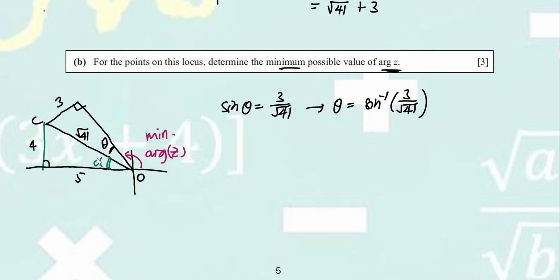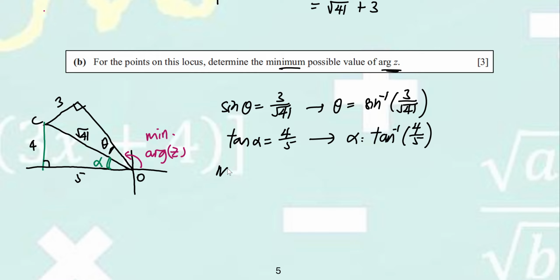And the same goes for alpha. The opposite side is 4. The adjacent side is 5. So I can use tangent alpha, that is 4 over 5. Or probably you can use the square root 41, which is the hypotenuse. So from here, my alpha will be arctangent 4 over 5.